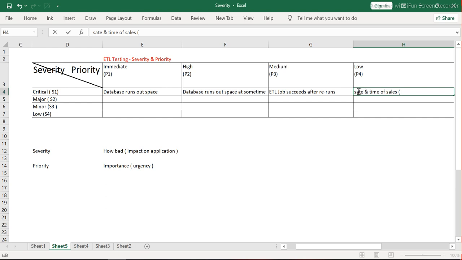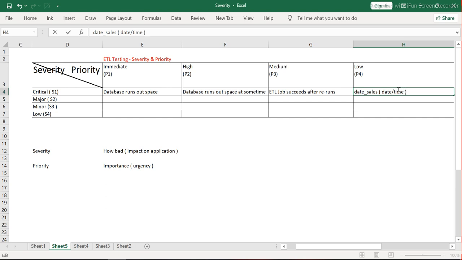So let's say it is the format that I want, okay? Date of sales, okay? This is the field. I'm taking this field as a database field. So the format of this particular data type is time and date, right? Time and date both are coming.